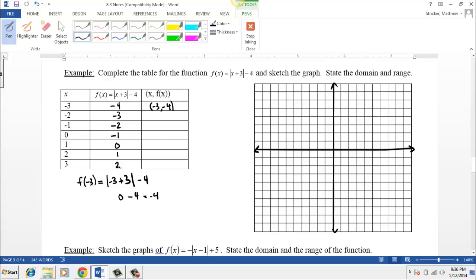Now, notice the problem here is if I start to put these points on, -3, -4, -2, -3, -1, -2, 0, -1, 1, 0, 2, 1, 3, 2.